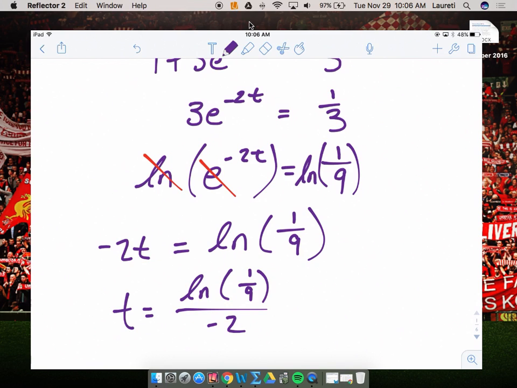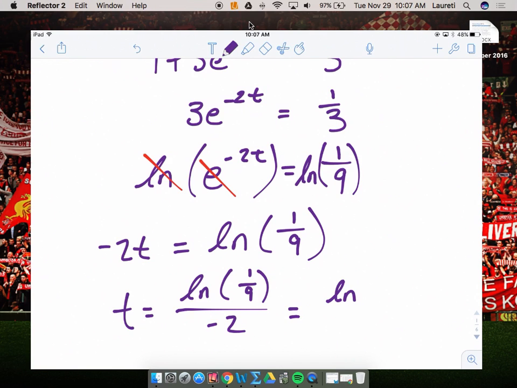Okay, so what we have right there is perfectly acceptable. How else can I change that? So, ln of 9 to the negative first power.